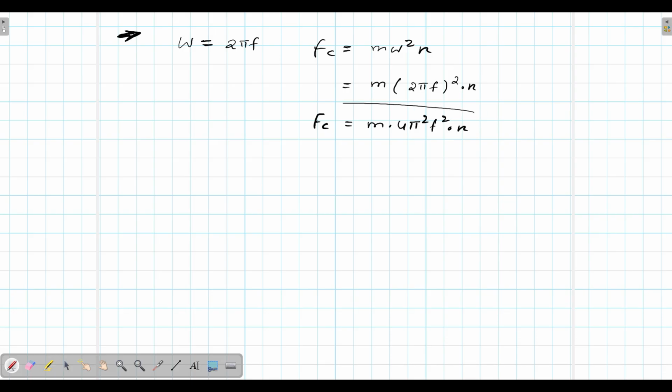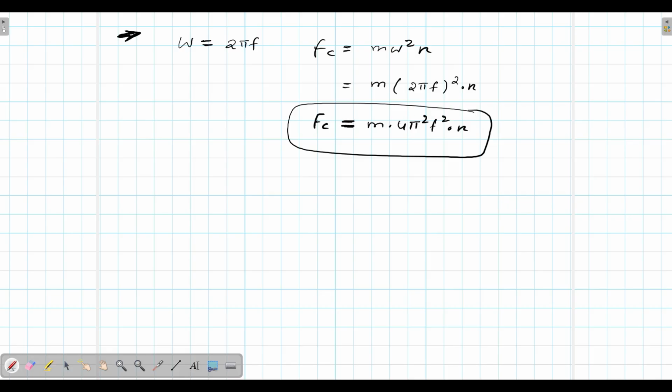Omega equals how much? Omega equals 2 pi f. Centripetal force equals m omega square r, which is m into 4 pi square f square into r. That is centripetal force.